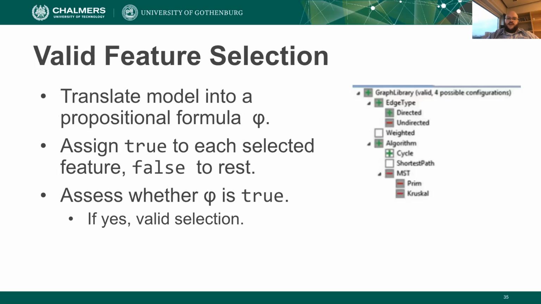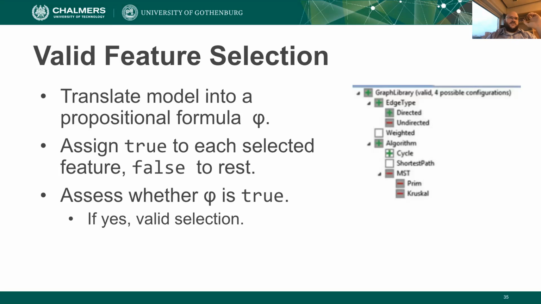Now, one question we can easily answer is whether a given feature selection is valid for a given feature model. To that end, we can translate the feature model into a propositional formula. In this case, we refer to that as phi, and that's a Boolean predicate that combines all these constraints across the feature model.